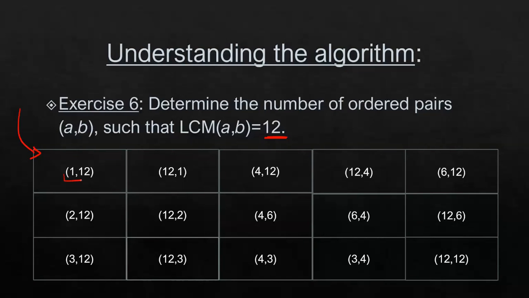The least common multiple of this is 12, and that is true for all of those pairs. But our goal in all of this discussion was to find a way to figure out the number of pairs without having to go through this process of listing all of the possible ordered pairs that we have. So that was the reason for the whole discussion that we started.